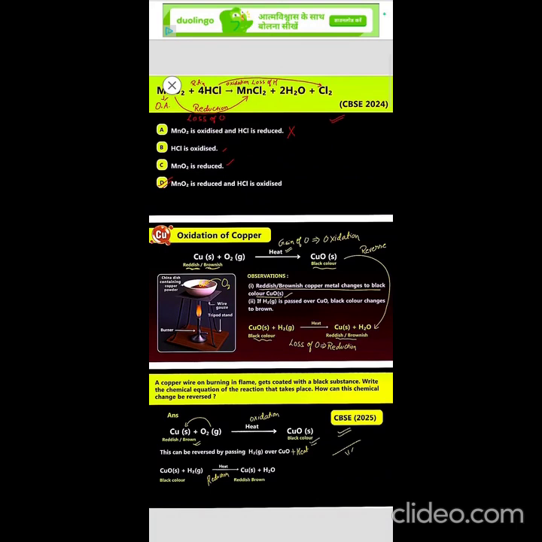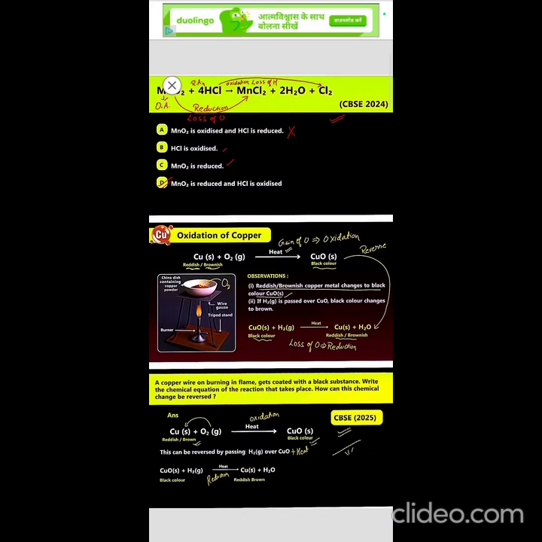Loss of oxygen from MnO2 takes place. So MnO2 is reduced to form MnCl2. Reduction occurs. So MnO2, manganese dioxide, is an oxidizing agent here.